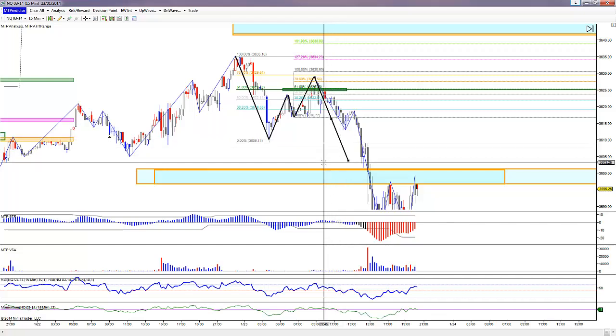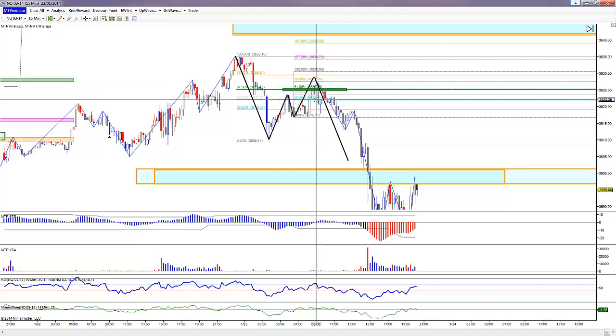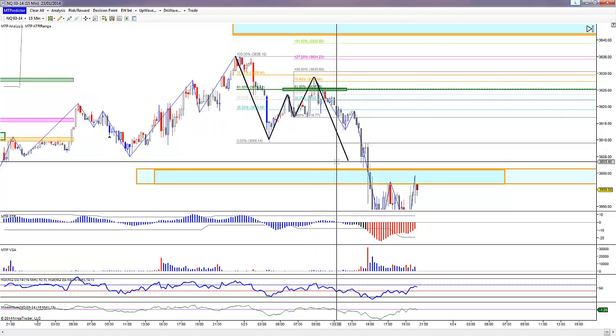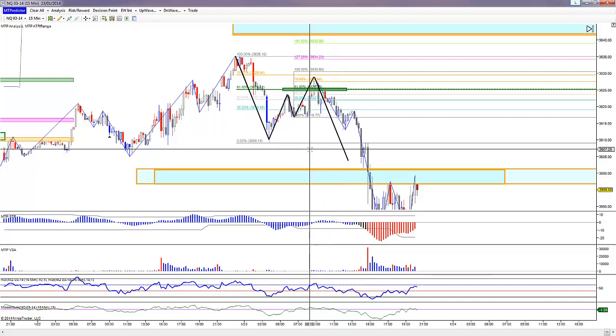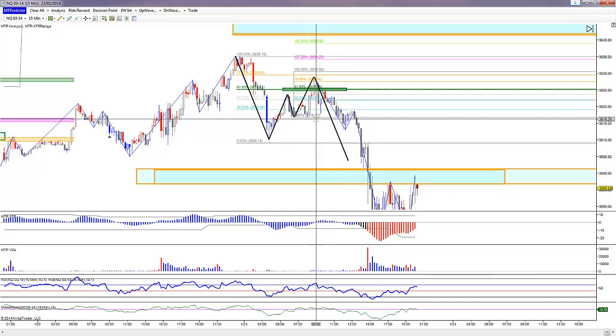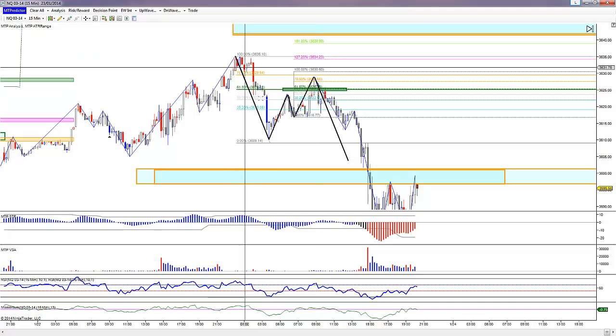And that's telling me that I'm going to be looking from this point, if there's a suitable entry point, to go short with a view to my target being somewhere down at the 3605 area. So I monitor the price action, and what do I get? I get a very nice bearish looking candle there. So I'm going to take my entry and stop there, with my target just short of the equal legs of the larger ABCD.